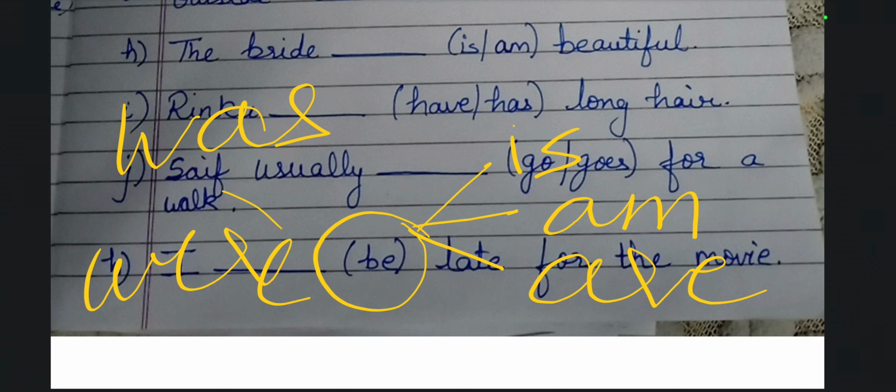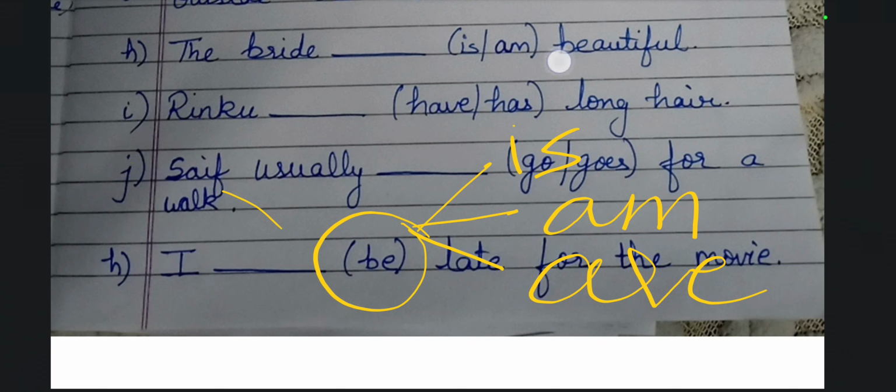So here no time has been mentioned. Okay, so we will be going towards present tense. If you're talking in simple past, time is mentioned in simple past, so we cannot use was or were. So we will use any one out of these three. With I, what do we use? Correct, we use am. So the answer will be I am late for the movie.